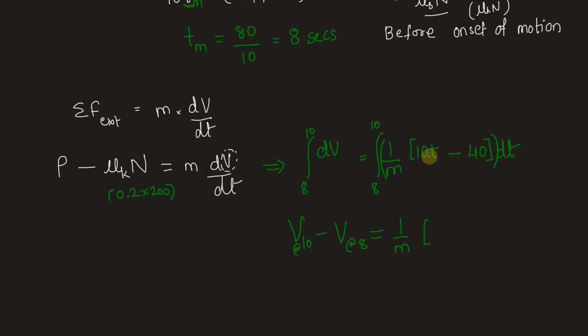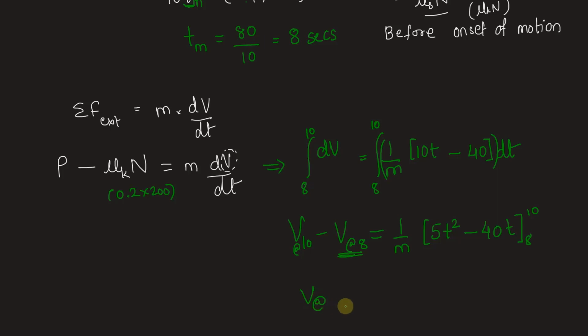In the bracket, when we apply integration, we get 10 t square by 2, which is 5t square, minus integration of 40 is 40t, from 8 to 10. Let's substitute the limits and see what the velocities are. Velocity at 8 seconds, we know that the motion has just begun, so this we can take as 0.